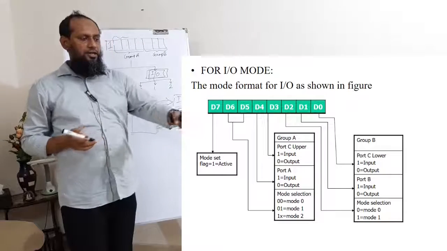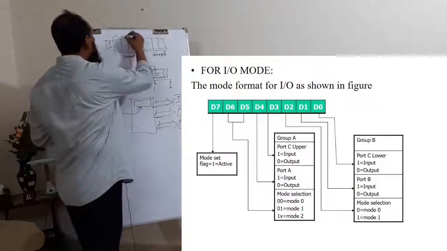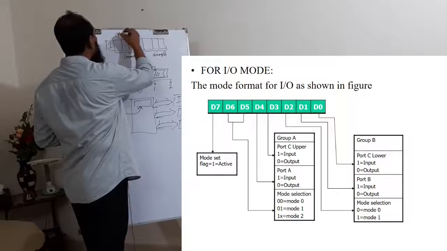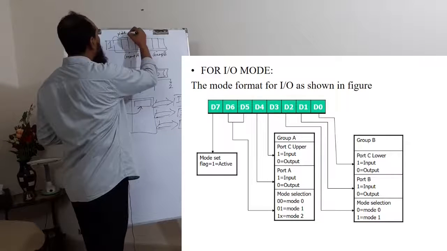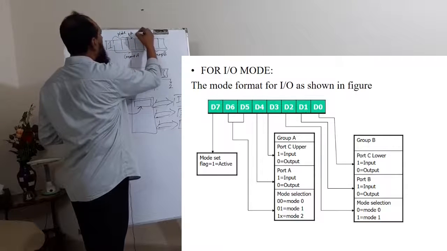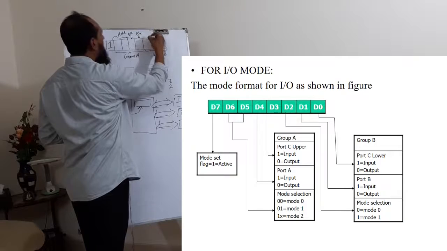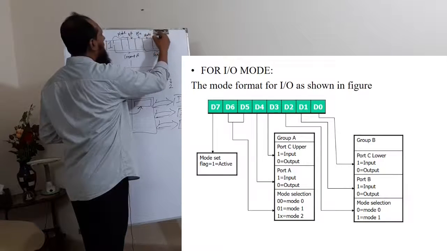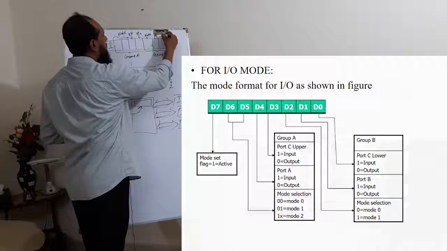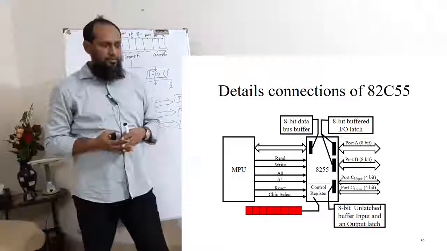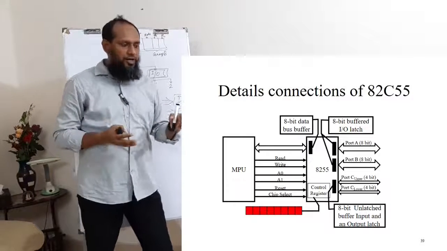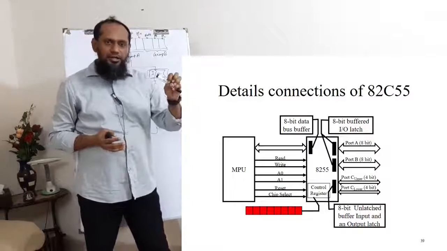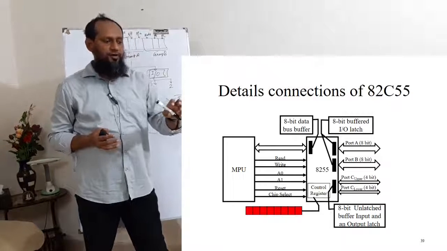You can see here, in group A, these two bits are for mode selection. This one is for port A, this one is for port C upper. Again, this one is for mode selection, this one is for port B, and this is for port C lower. So this is the detailed pin configuration and detailed discussion of the 82C55.